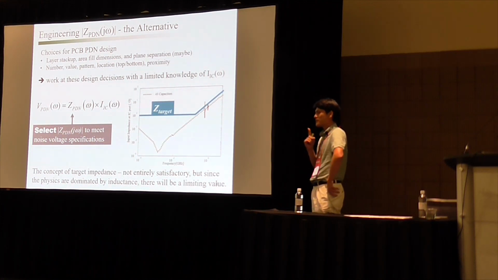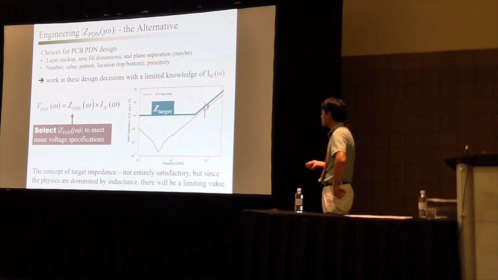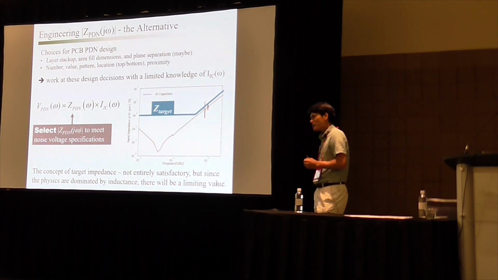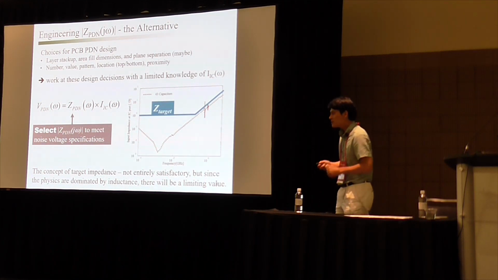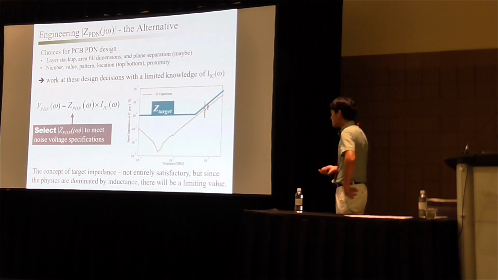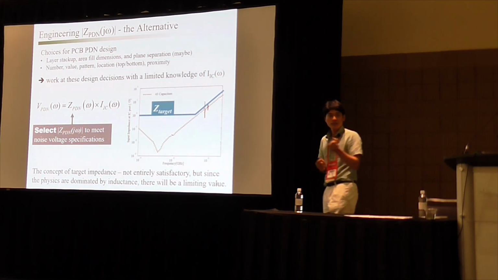That's impossible. That's the first thing. The second thing is more physical, because this PDN is dictated by the inductance, and this curve is usually 20 dB per decade. So they define the maximum inductance that this PDN can have. It's an engineering concept, but it carries some physics. That's why the target impedance has been used a lot.